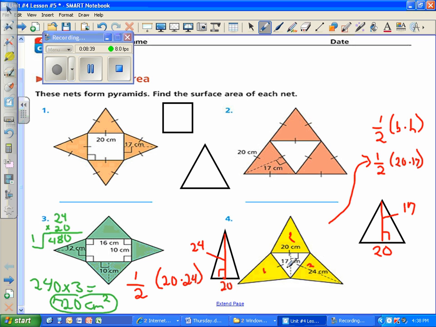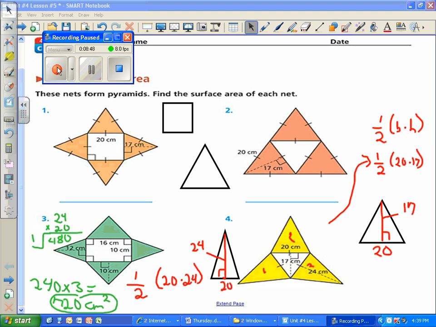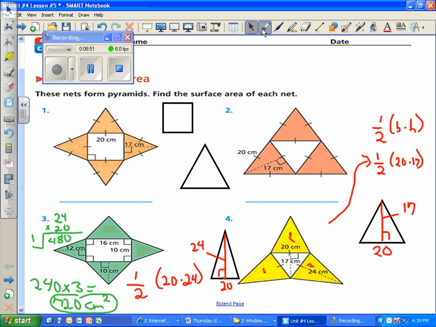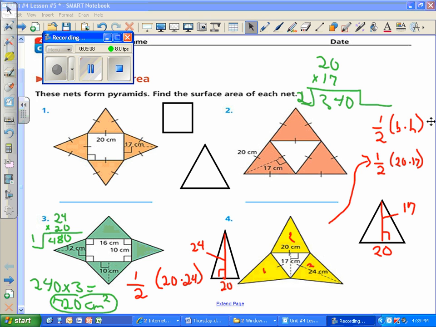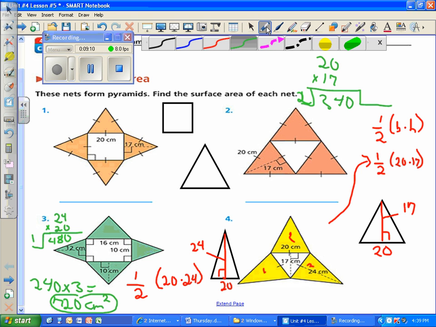You still have to find the base here, which was 20 times 17. So 20 times 17 is 340, but then you have to take half of that. And you should get 170.